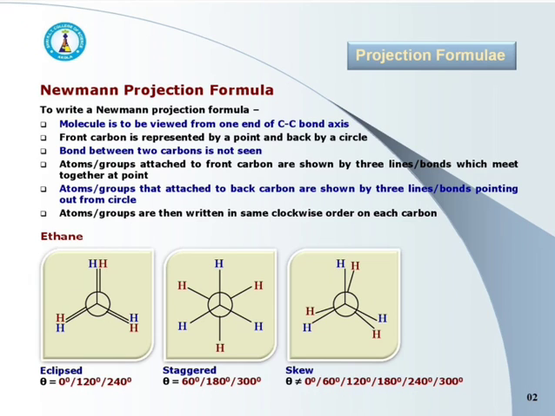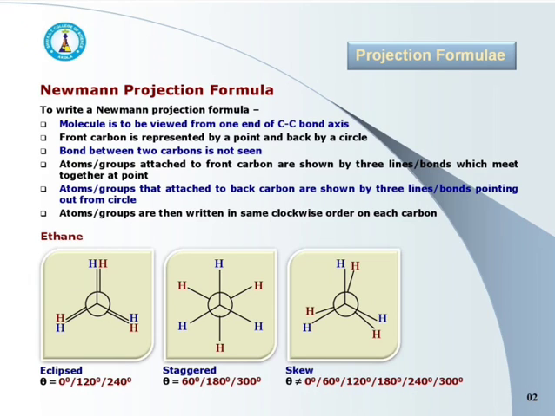I am repeating. To write a Newman projection formula, the molecule is to be viewed from one end of the carbon-carbon bond axis. Second, the front carbon is represented by a point and the back by a circle. Third, the bond between two carbons is not seen. Next, atoms or groups attached to the front carbon are shown by three lines or bonds which meet together at a point.